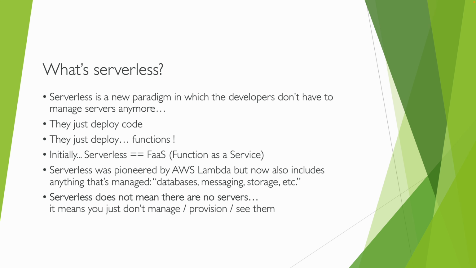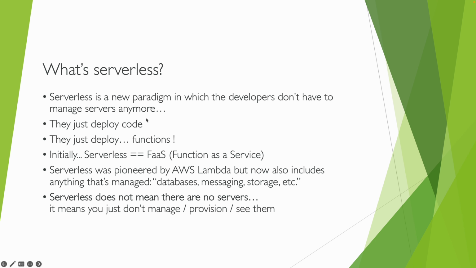Similarly, in a serverless architecture, whether Lambda or anything else, AWS runs this code in some servers in the background, but we don't need to manage or provision them. AWS takes care of that and gives us the best output without any downtime.